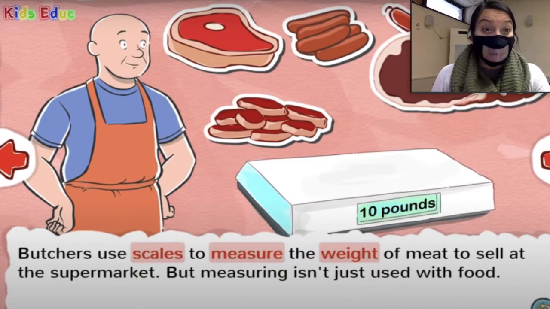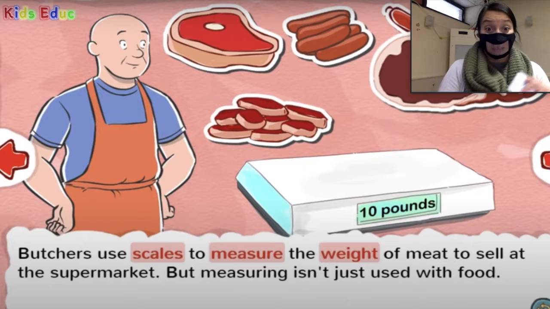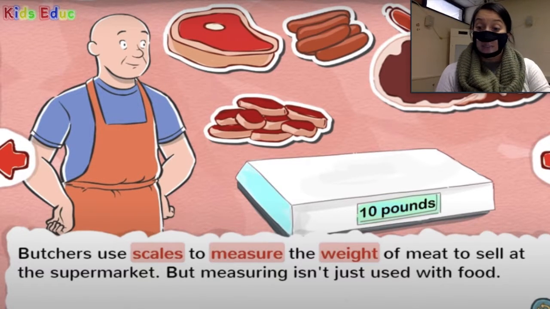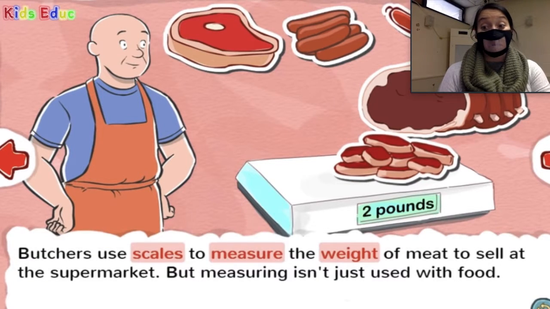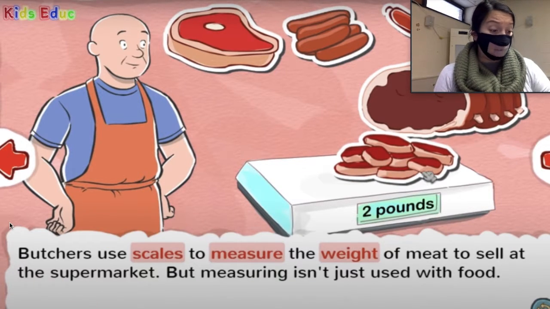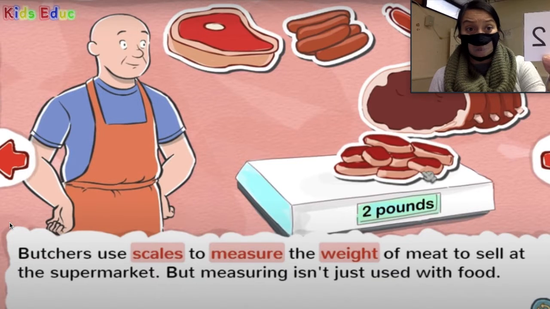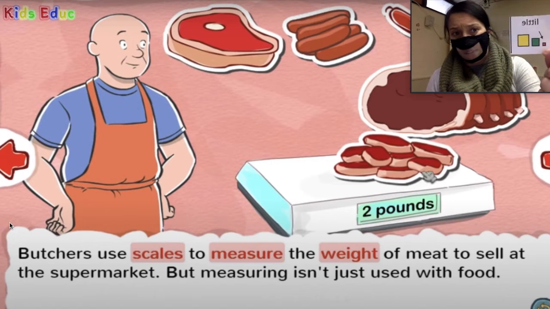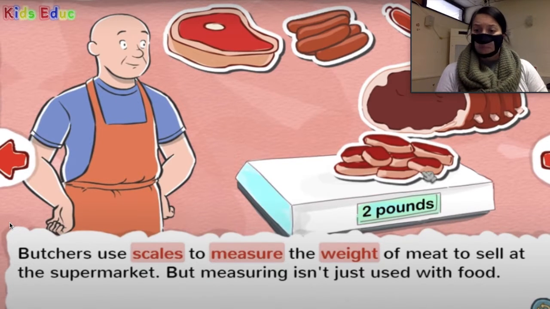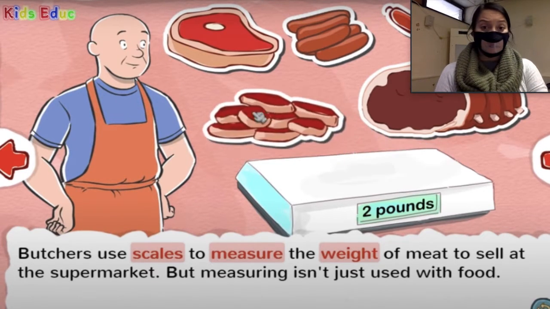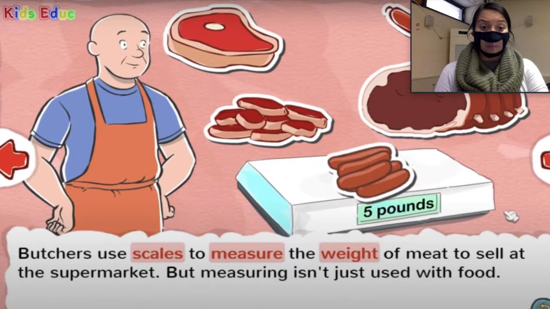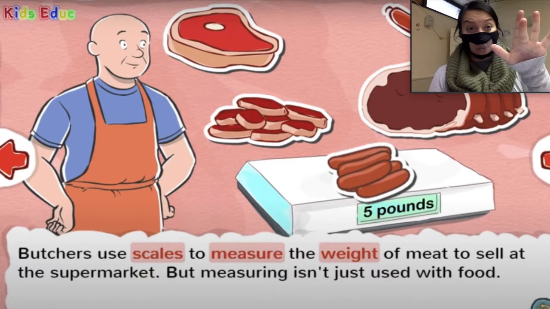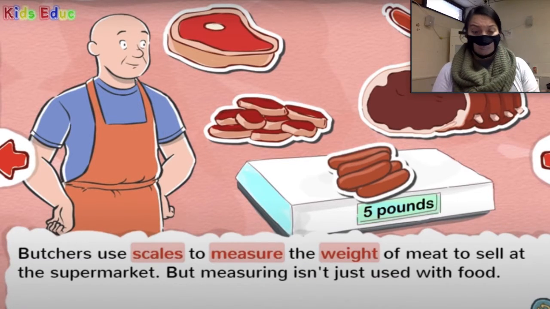So that was 10 pounds. That was pretty big. That's a big piece of meat. 10 pounds. 2 pounds, right? 2 pounds. That's pretty little. That's smaller, right? Ooh, 5 pounds. 1, 2, 3, 4, 5.